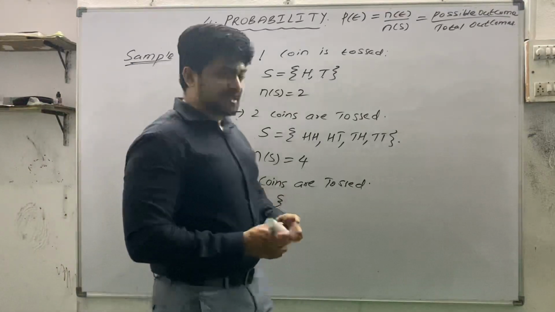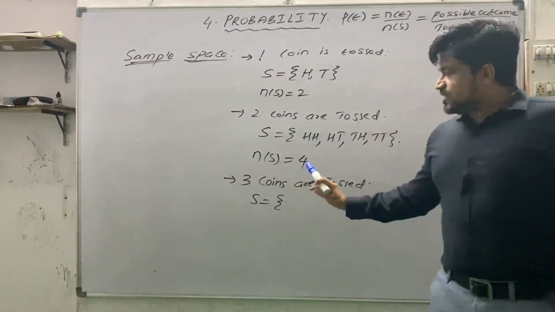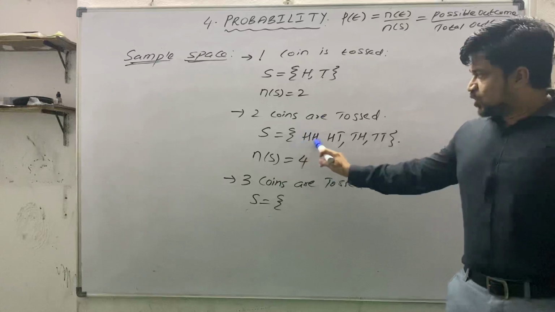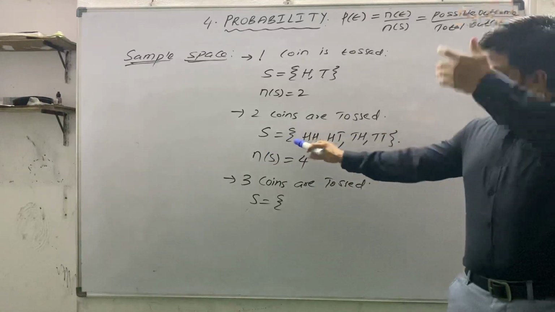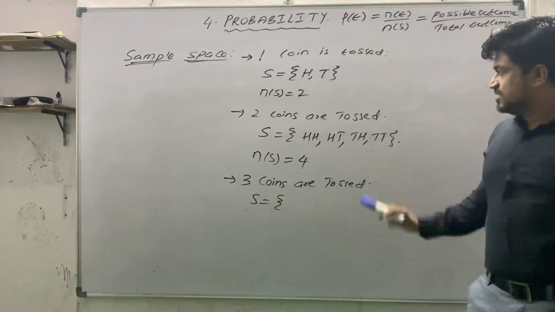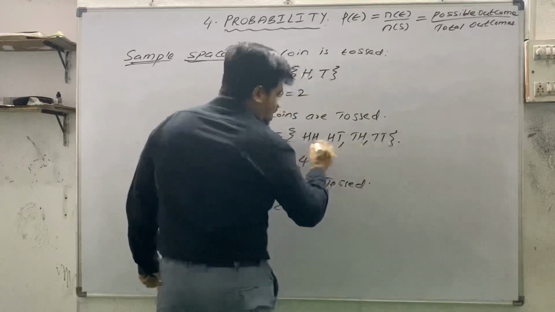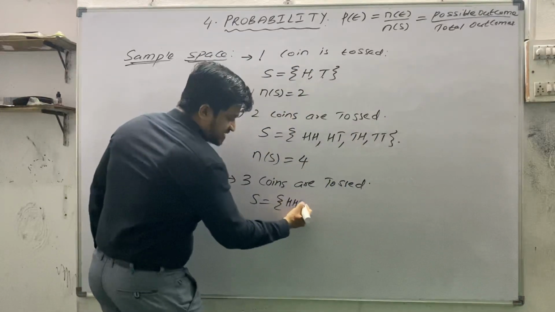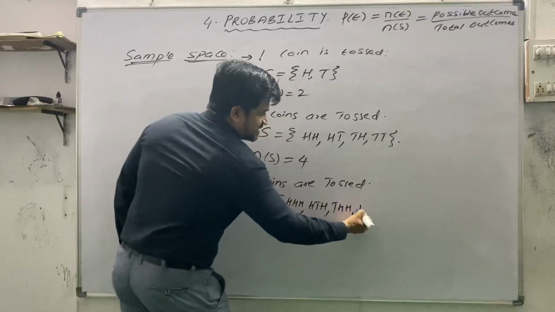How to write the 3 coin sample space? It is very easy. What we have to do is, the 2 coin cases you can learn by heart, write them in a rough column. Now just add H to all the values: HHH, HTH, THH, TTH.